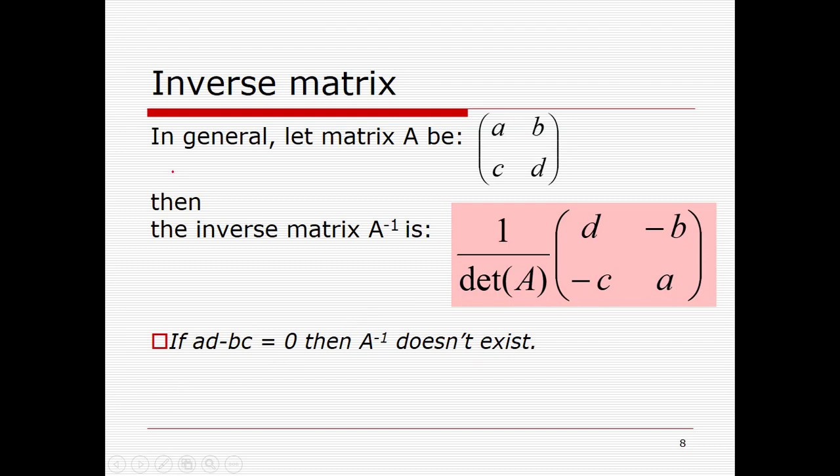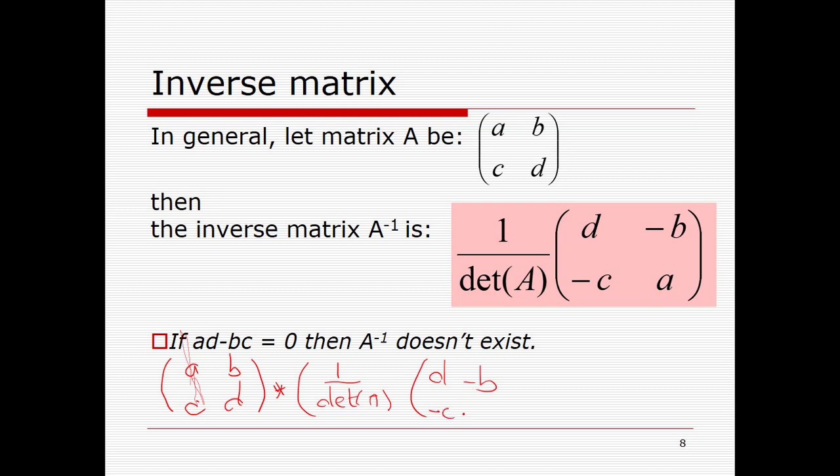So if we calculate the matrix A, B, C, D times 1 divided by the determinant times the matrix D, minus B, minus C, A, then this should result in 1, 0, 0, 1.